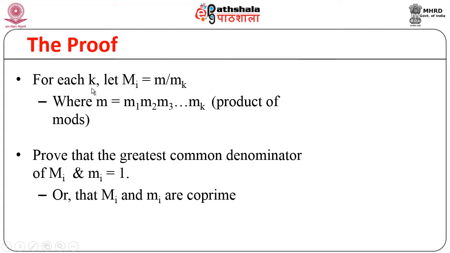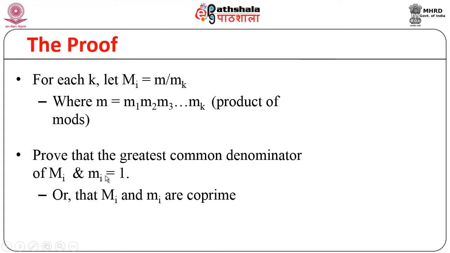Then it proves that the greatest common divisor of Mi and mi is equal to 1. That means capital Mi and smaller mi are co-prime to each other.